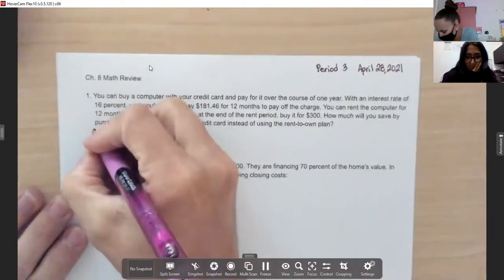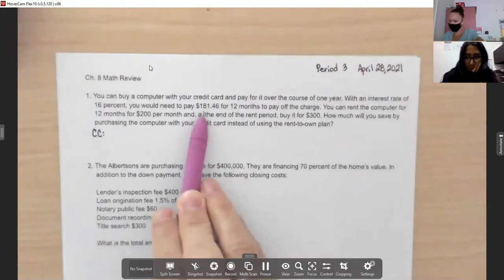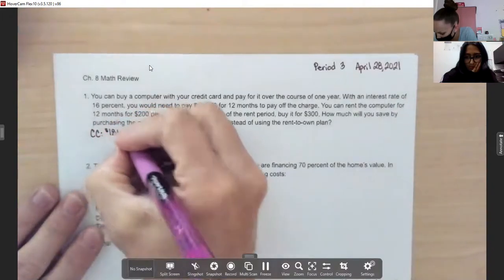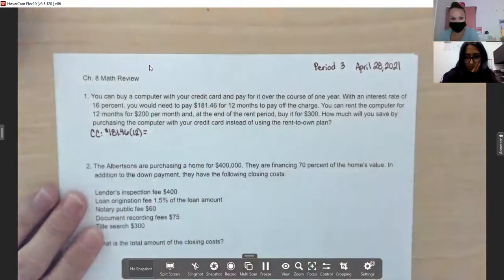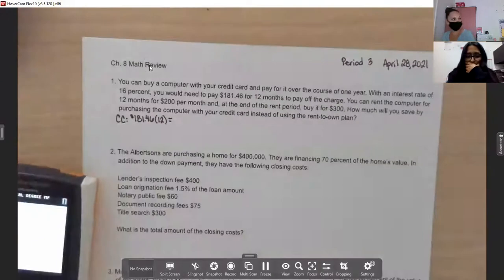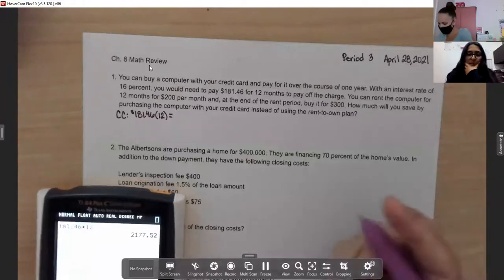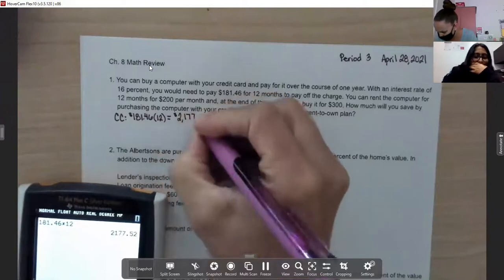The first plan is your credit card. So with your credit card, it says you were paying $181.46 for 12 months. So $181.46 times 12. All right, so 181.46 times 12 is $2,177.52.